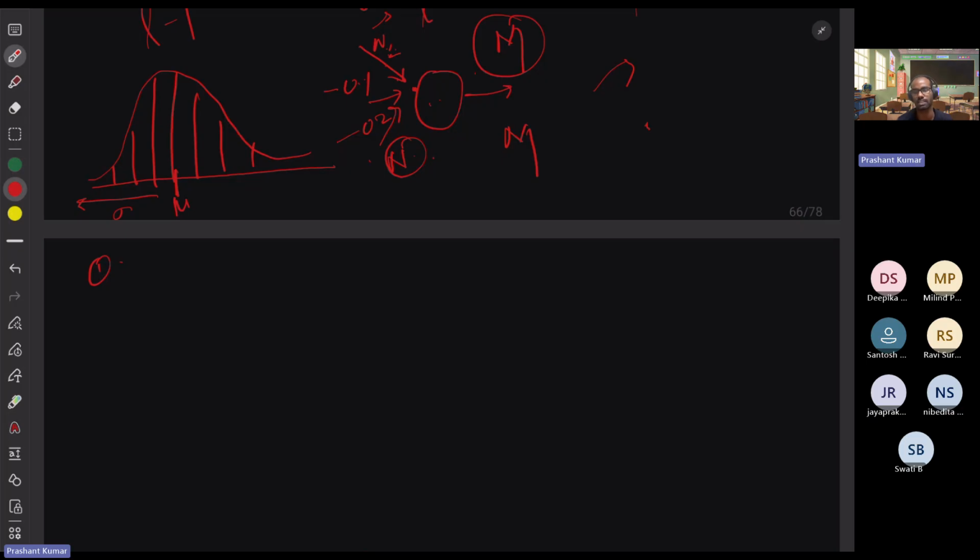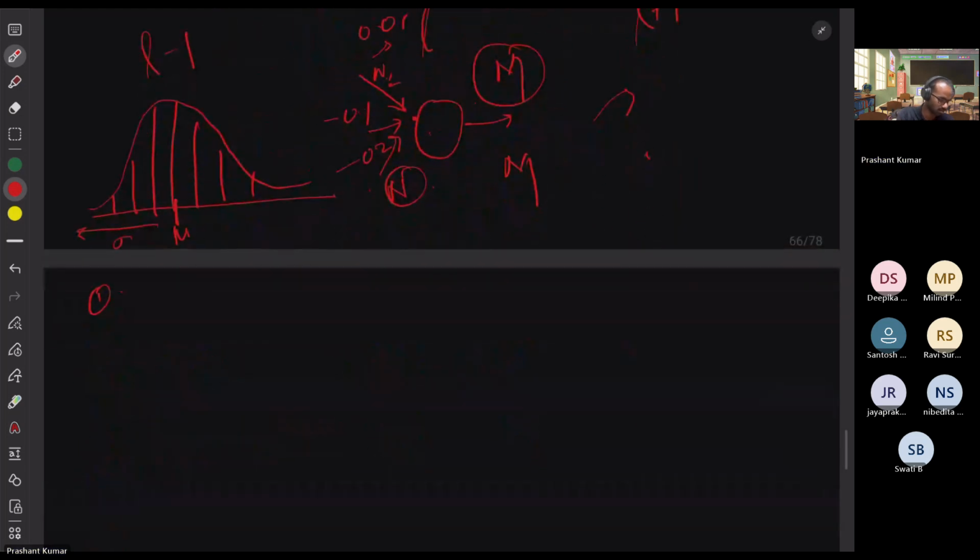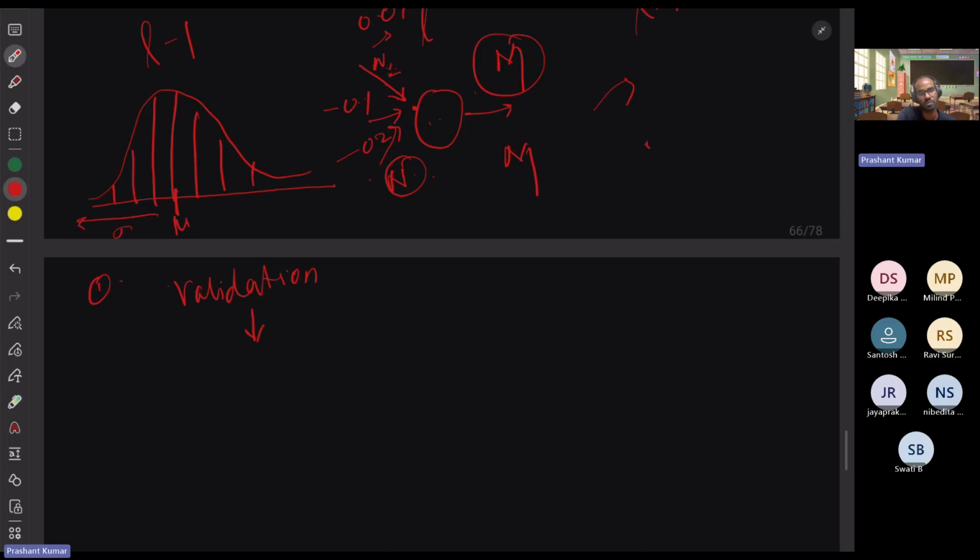In that case, what kind of mu and sigma will you use for the prediction? Let's say you have trained your network and you want to do the validation in between, but you are not giving all the inputs, only one input at a time.